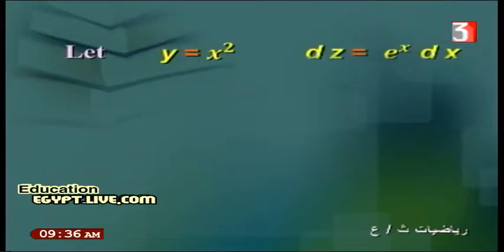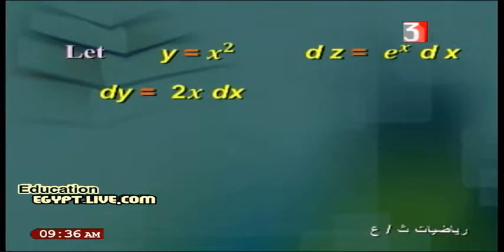Another example, find the integration of x power 2 e power x dx. Let y equal x power 2 and dz equals e power x dx. We can divide the function into two parts. The first part y equals x power 2 and the second part dz equals e power x dx.